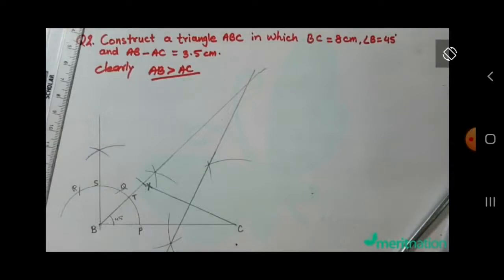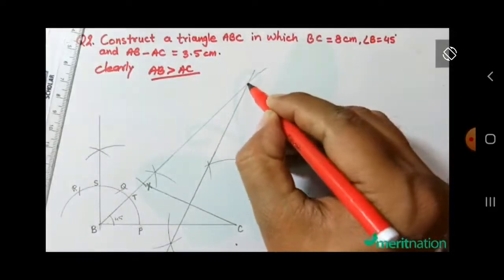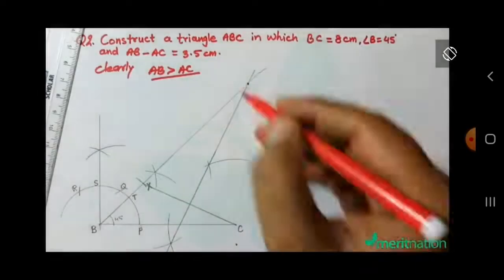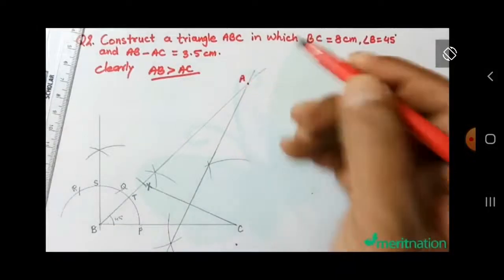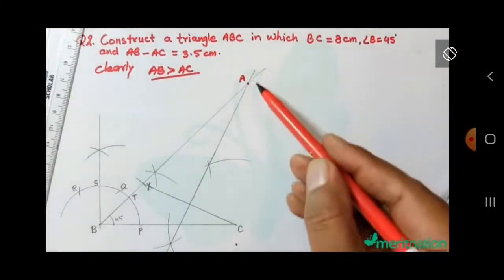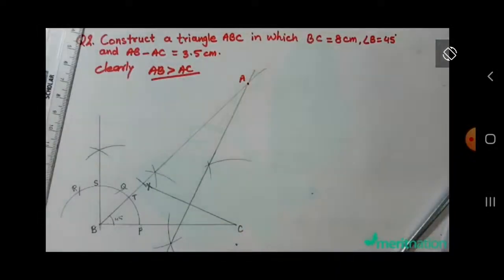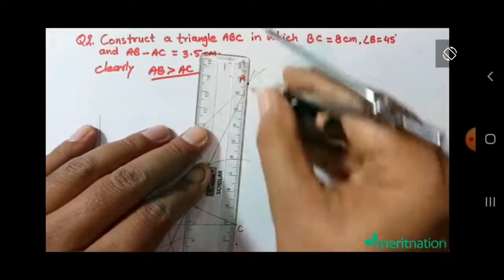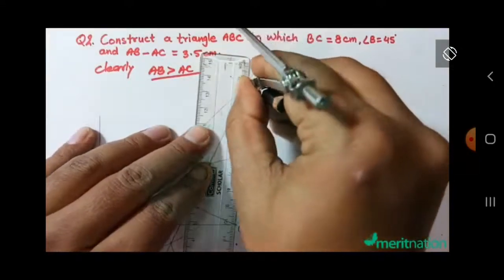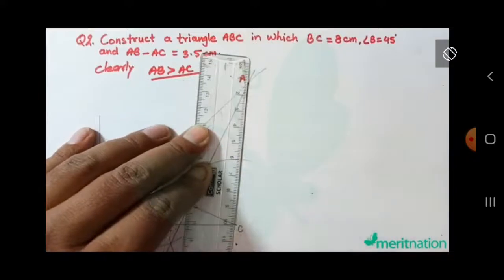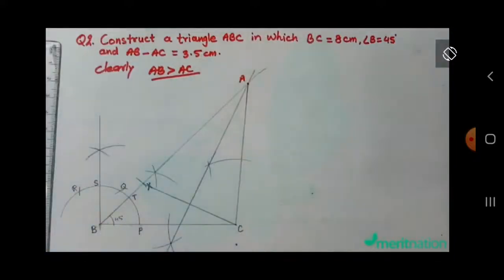Let me highlight that. This is point A, the third vertex of the triangle, and I will join A to C. The triangle ABC is completed. See the logic.